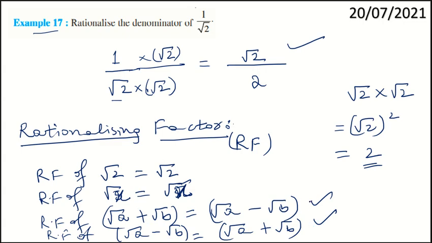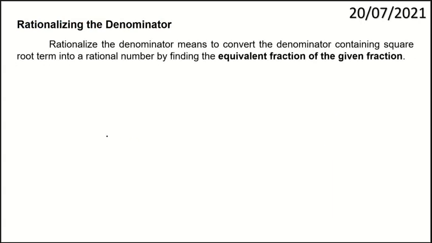Then moving on with this knowledge, rationalizing the denominator. It means to convert the denominator containing a square root term into a rational number by finding an equivalent fraction of the given fraction.